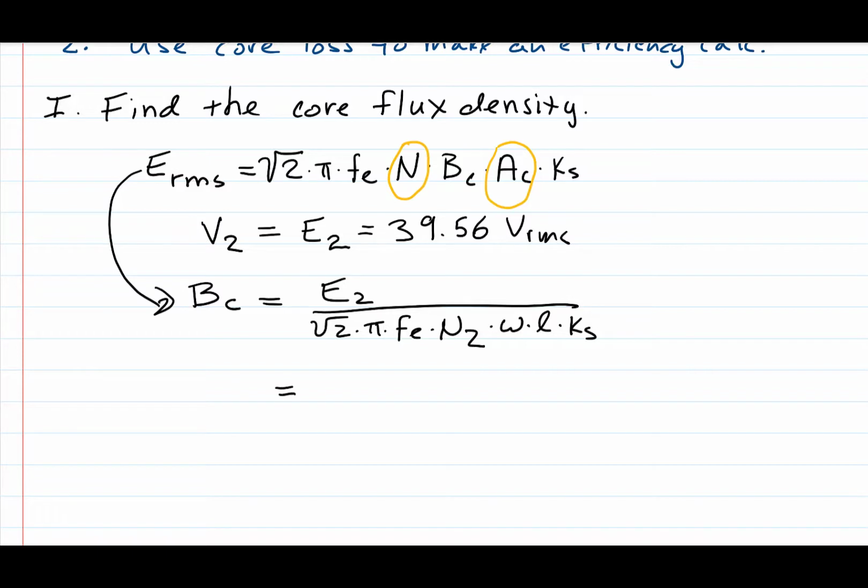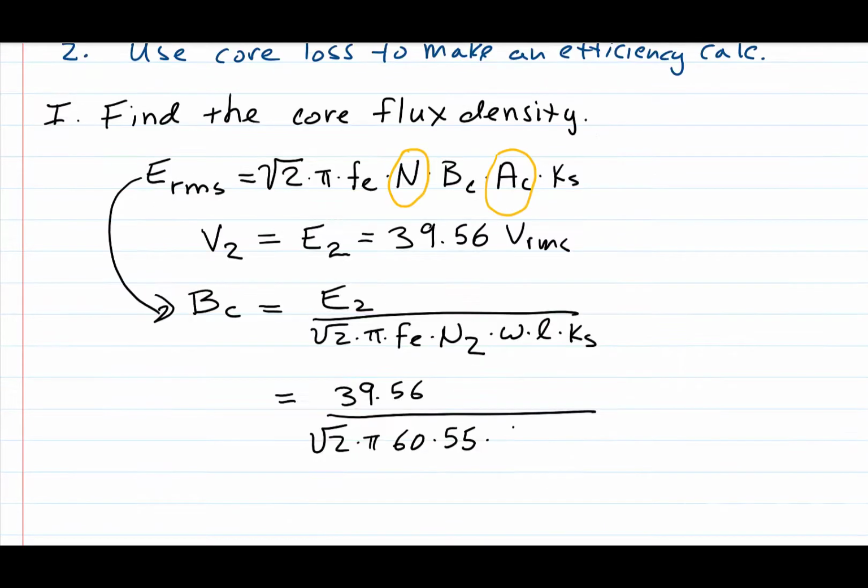So we plug in what we know. We've got 39.56, 6 times 3. Now it's centimeters. Remember that we have to convert everything into meters, so we're going to multiply times 10 to the negative 4 to do that, times the stacking factor on the bottom.